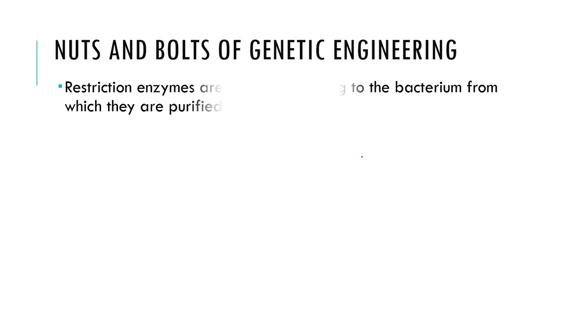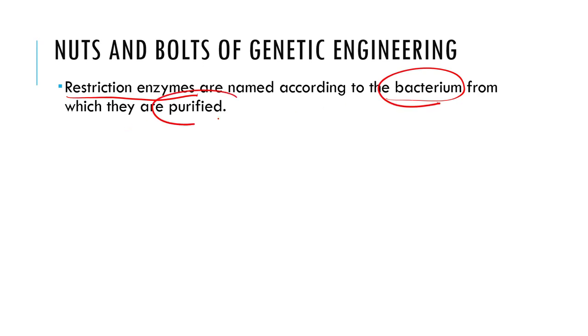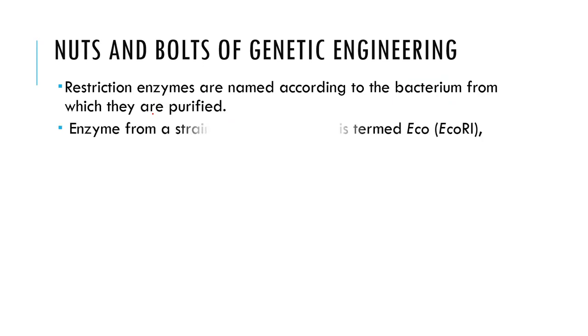And now we consider very briefly the naming system, or how we name the restriction enzymes. A common convention is that we name the restriction enzymes according to the bacterium from which we have isolated the enzyme.